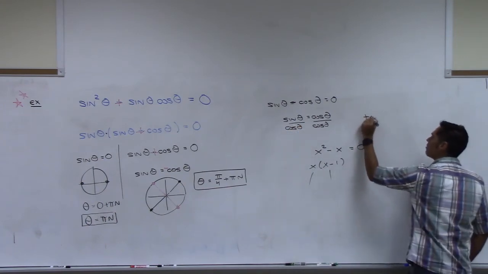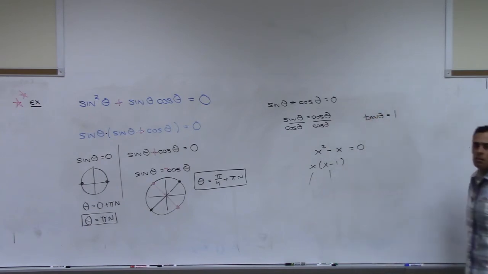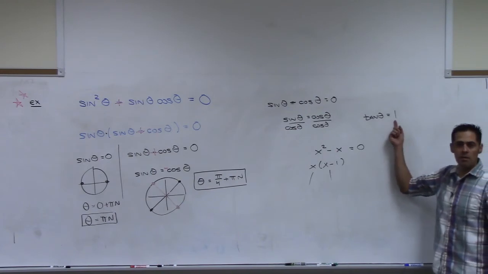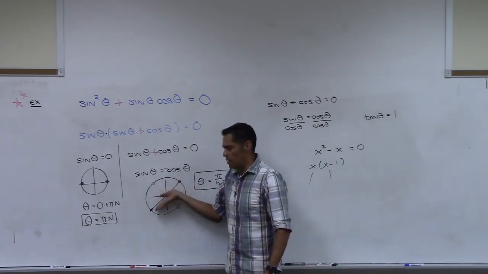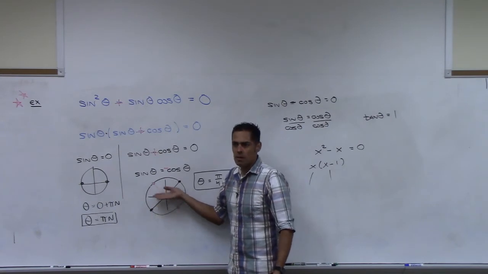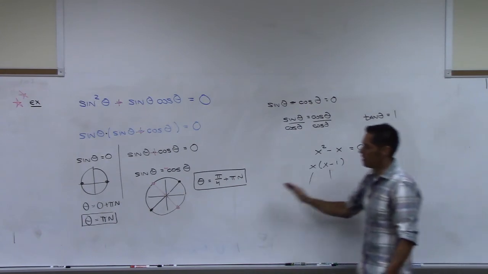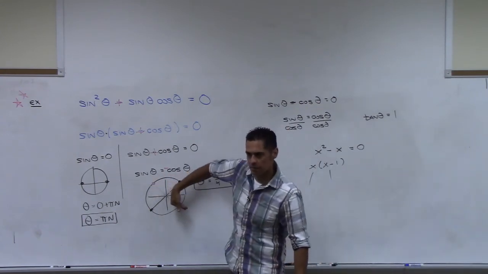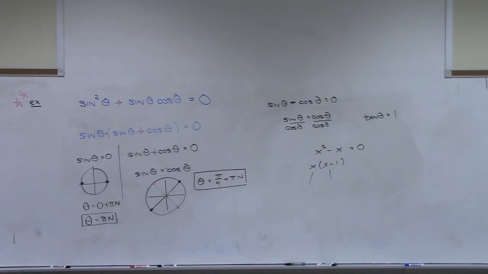Tangent theta, and then what's the right side? 1. And so you're saying, where is tangent 1? And tangent is 1 here and here. And if you would have done it with the red, then this would have been negative 1. And tangent is negative 1 here and here. Okay.